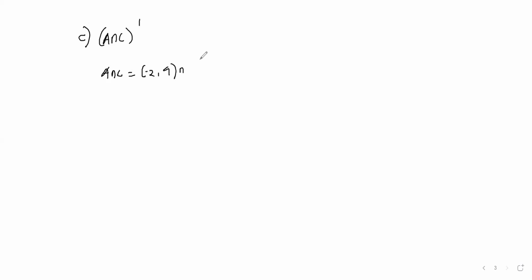Intersection C. C is -20 to -1 union 8 to 20. So we need to find this, then we'll look for C complement.